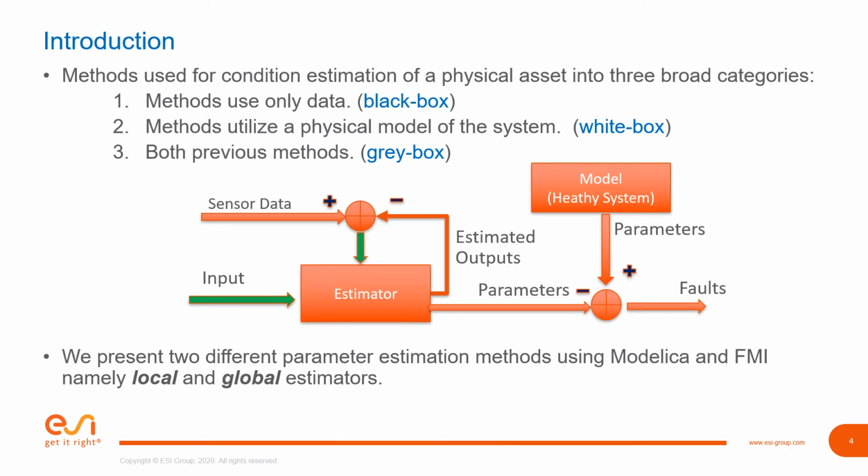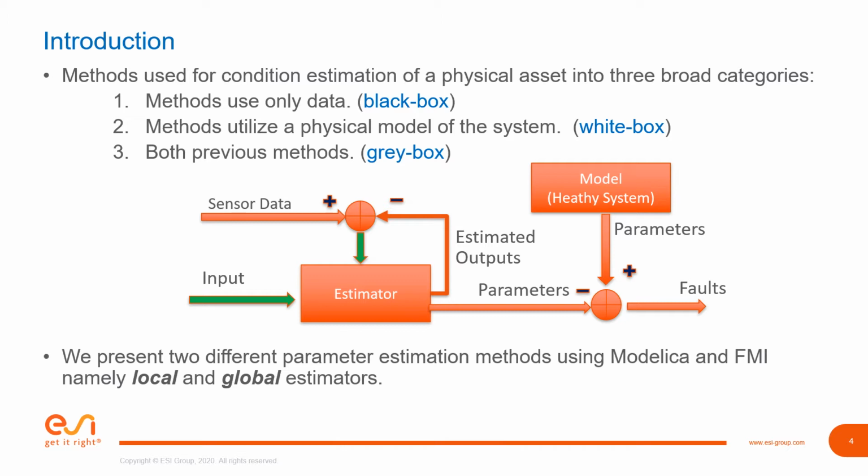Introduction. So there are three categories for the condition monitoring system. The first one uses just data, and some people call it black box. This kind of method maps between the input and the output, without considering the mathematical equation of the system.